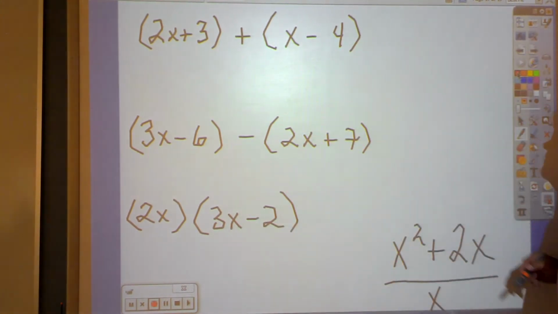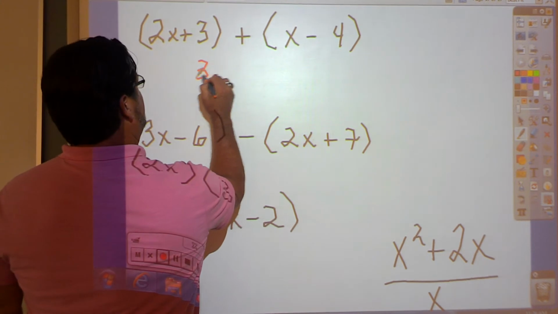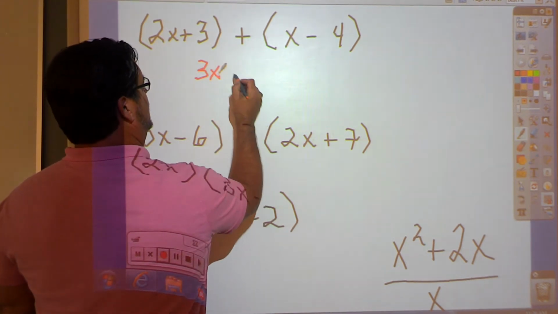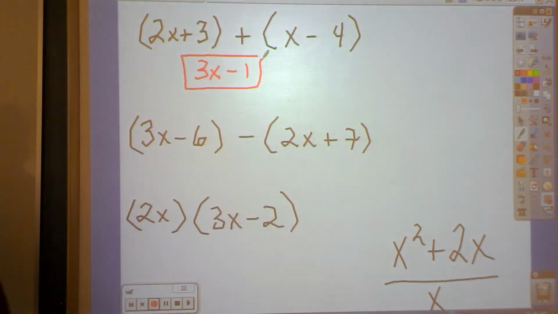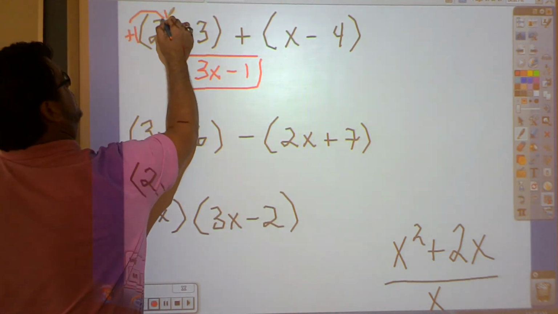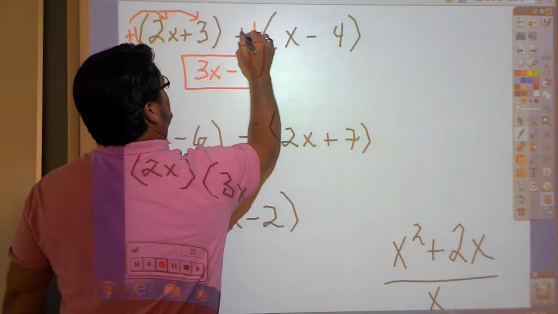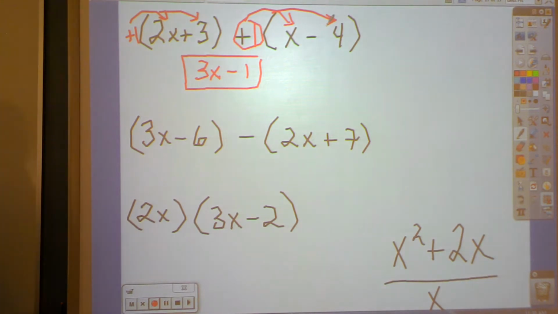That way you can check your answer. 3x, okay, so 3x, and what's 3 minus 4? -1. All right, so there's your first one. Any problem, you distribute the positive right here, positive 1, and a positive 1 right here, and then you combine like terms. Everybody happy? No problem.